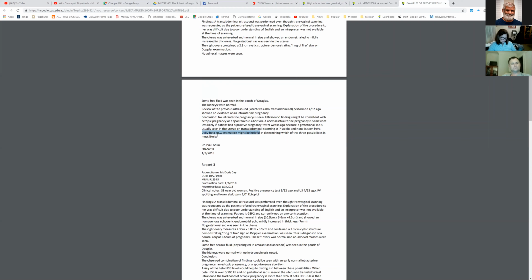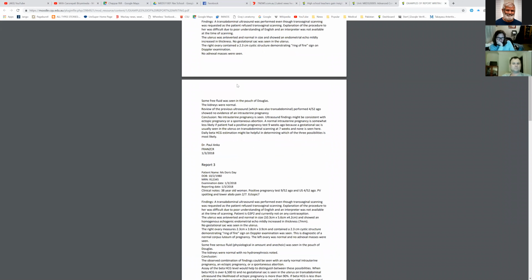Daily HCG, probably not, maybe every second day, or daily is fine as well. But it leaves it to the referrer to do this and then read the report again and think of whatever there is.